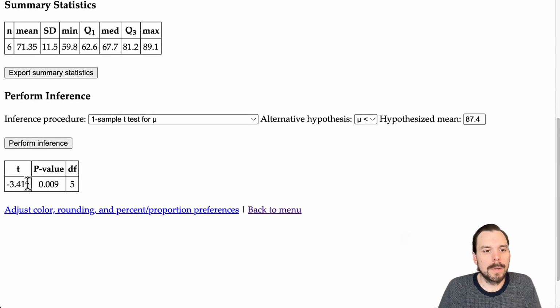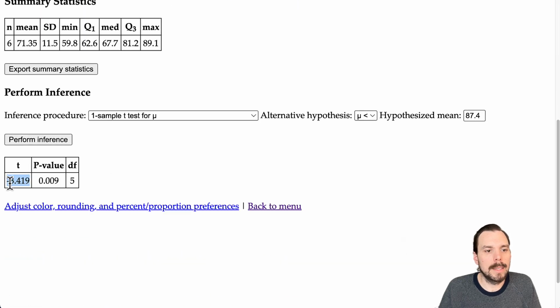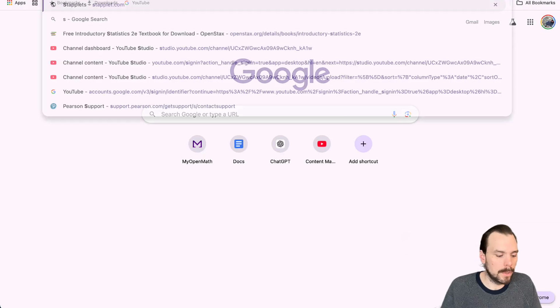Now we've got our result here. We won't be able to visualize it yet until we use that t-score. This t is negative 3.419 with 5 degrees of freedom. In this case, that's just n minus 1. So if you did want to visualize that, you should go to Stapplet.